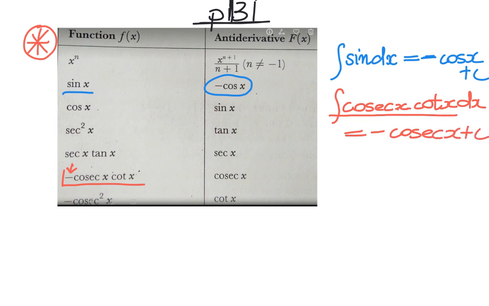In a similar way, if I want to determine the antiderivative of cosec square of x dx, this will be negative cot of x plus c. Okay, boys, please pay attention.